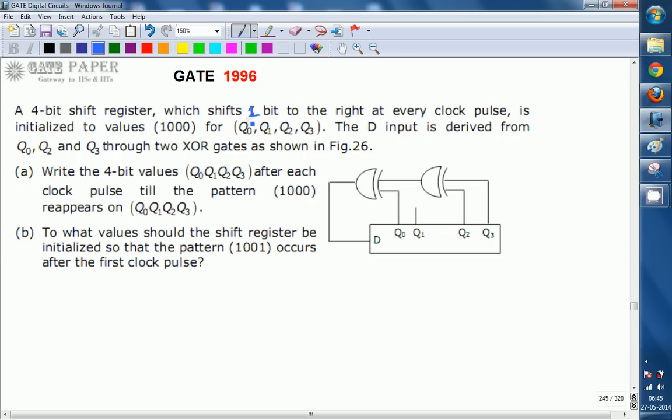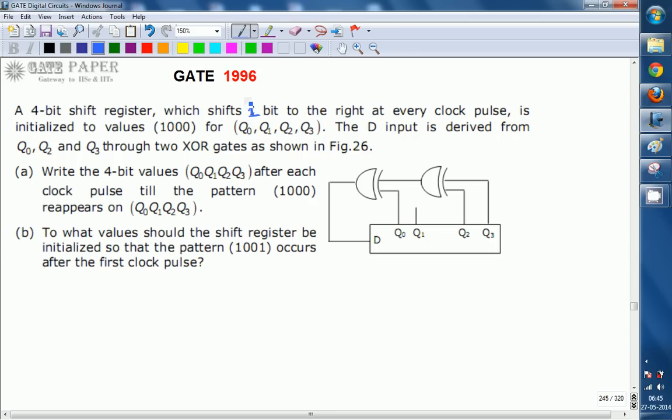Next, to what value should the shift register be initialized so that the pattern 1001 occurs after the first clock pulse? After the first clock pulse itself, you must get the pattern 1001, so what must be the initial state present in Q0, Q1, Q2, Q3, that you have to give.